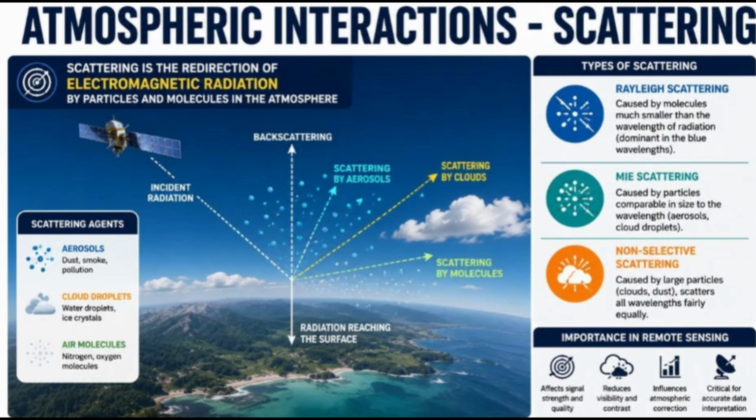Scattering is important in remote sensing because it affects signal strength and quality. Scattering also reduces visibility in many cases. Scattering influences atmospheric correction, and scattering is critical for accurate data interpretation.